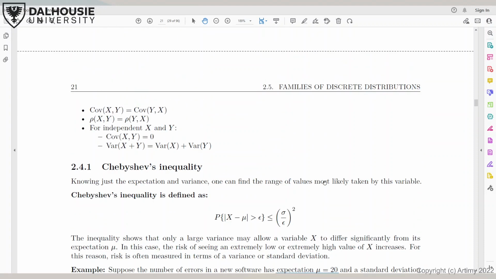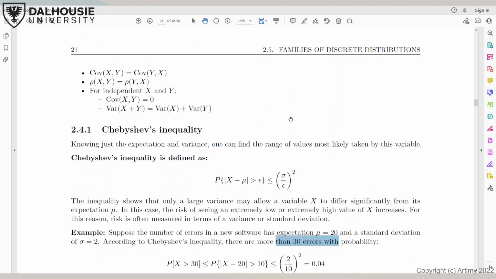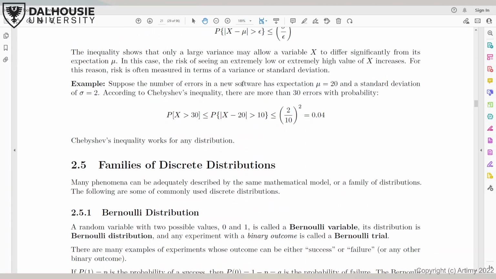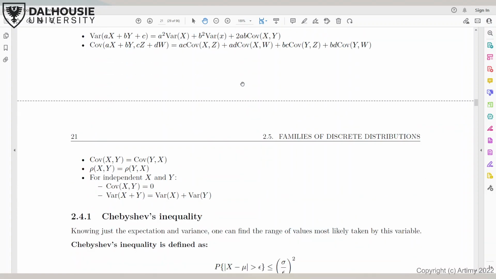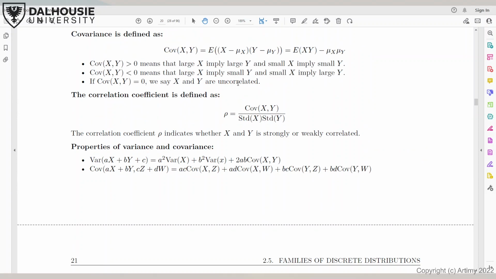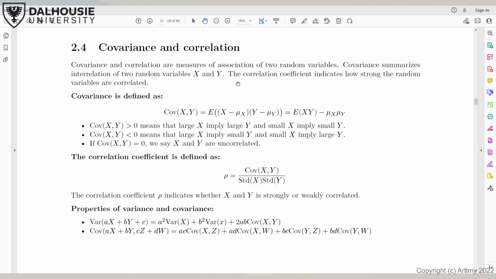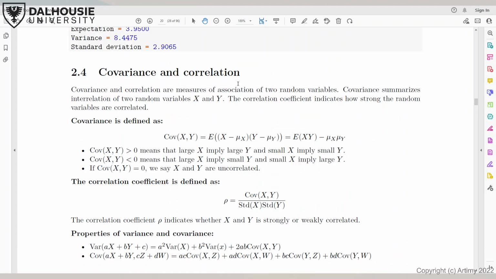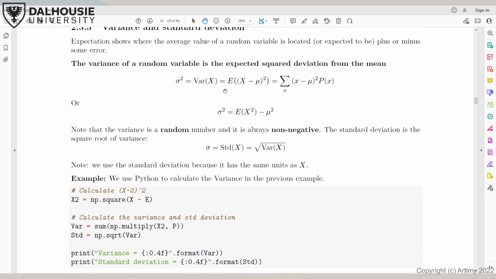Okay. So that concludes the first part of this chapter, and we looked at the concept of random variables. We looked at probability distribution and the cumulative distribution function, CDF. We looked at joint distribution, marginal distribution, independence.